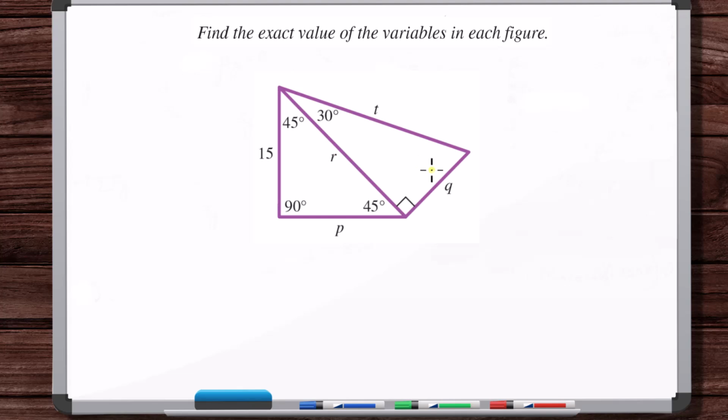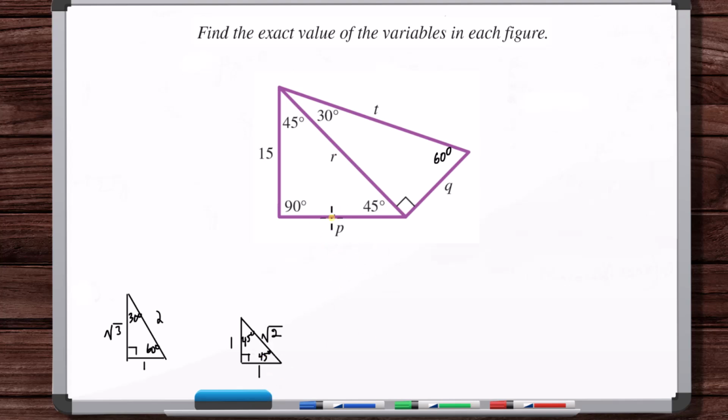Okay, so here we can see we've got a 30, 60, 90 triangle and a 45, 45, 90. So 30, 60, 90 is 1, 2, and 45, 45, 90 is 1, 1, root 2.